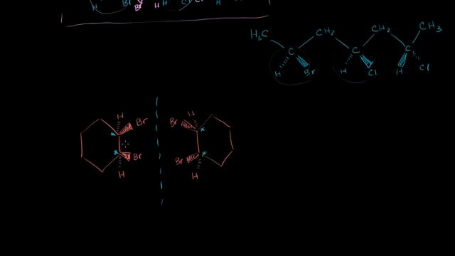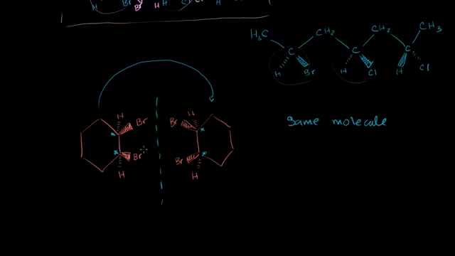And obviously this one is chiral and that is chiral. But if you think about it, they are mirror images of each other, and they each have two chiral centers, or two chiral carbons. But all you have to do is flip this guy over, and you will get this molecule. These are the same molecules. So this is interesting. And we saw this when we first learned about chirality. Even though we have two chiral centers, this is not a chiral molecule.